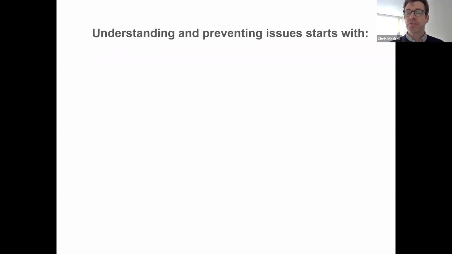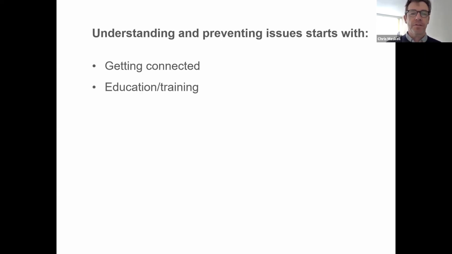Understanding and preventing issues starts with getting connected. That's why we belong to good associations where memberships are engaged and active. Through those associations, we get access to education, like events like this. In order to prevent problems, purchase good products, not just the latest container that's arrived on the beach with the promise of huge margins and no problems.